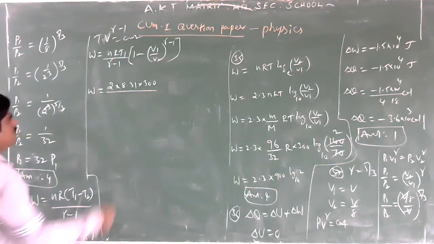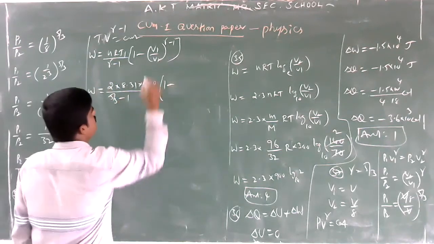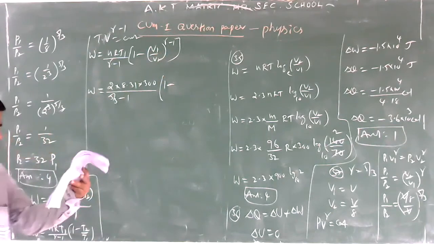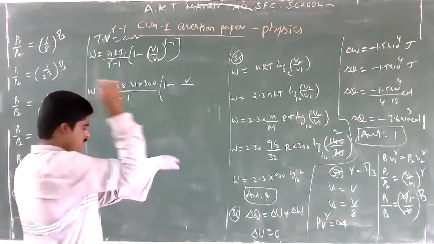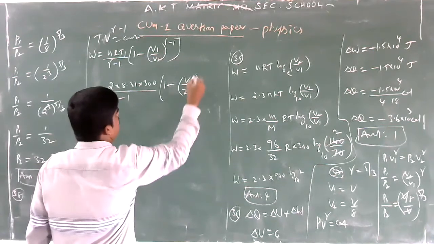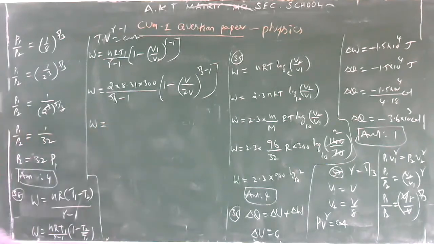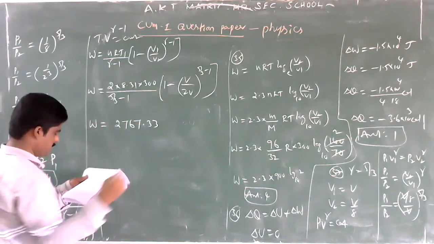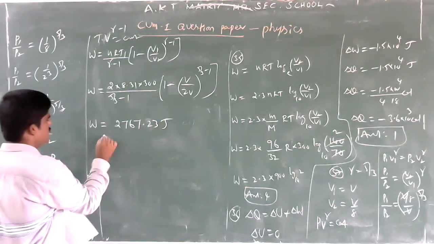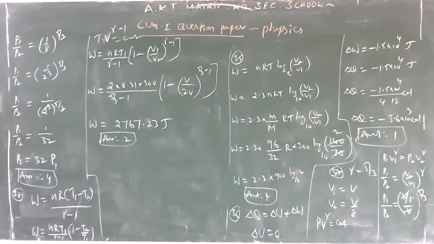Monatomic gas, so gamma is 5 by 3 minus 1, into 1 minus V1 by V2. The initial volume is V and the final volume is 2V, to the power of gamma, 5 by 3 minus 1. Simplifying this, you will get the work done W is equal to 23 joules. So which option is correct? The second option is correct for 38. Next.